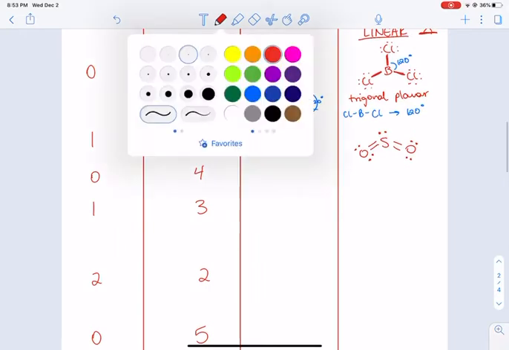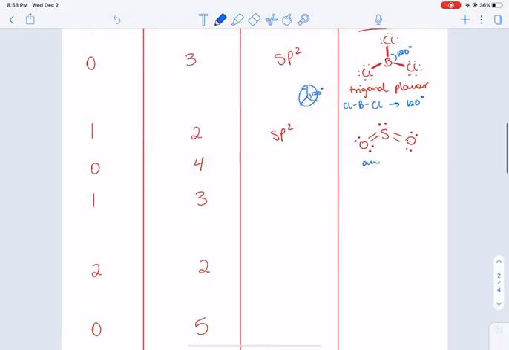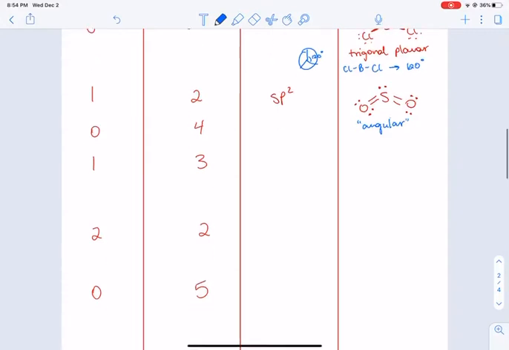I think you can get away with calling this bent also, but we'll just call it angular because why not? So angular, right? No bond angle that's so important here. That's fine.